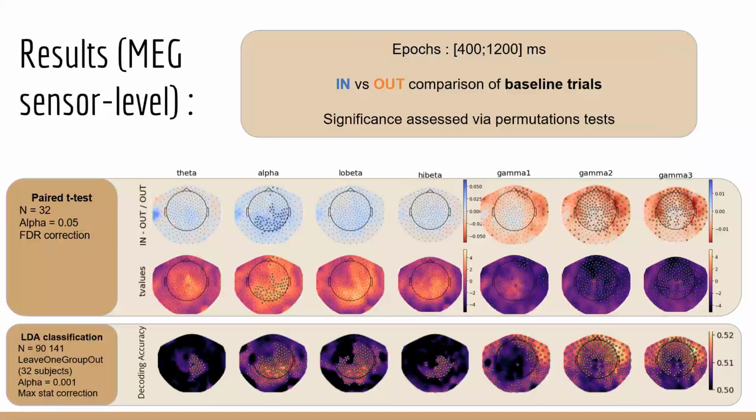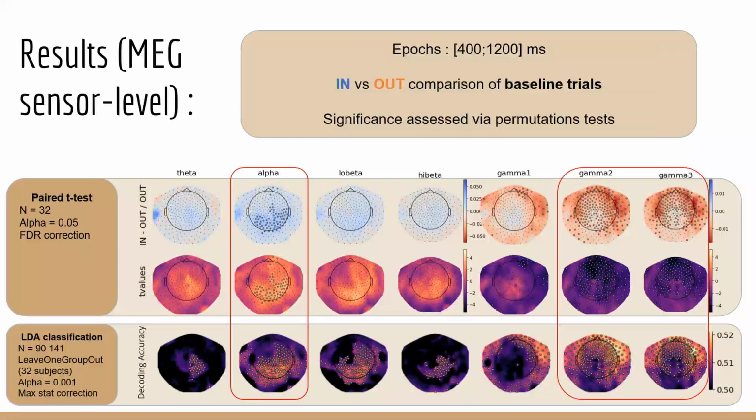And what we can observe here is an interesting pattern of increase of alpha activity during optimal performance periods that is particularly visible in occipital regions, so regions related to the visual system.